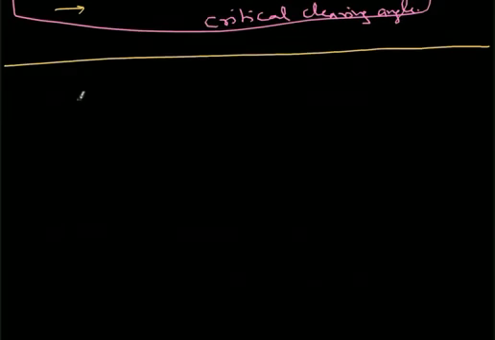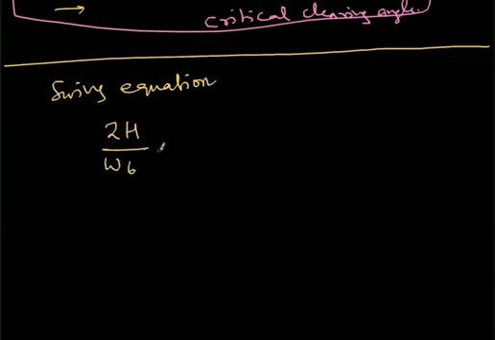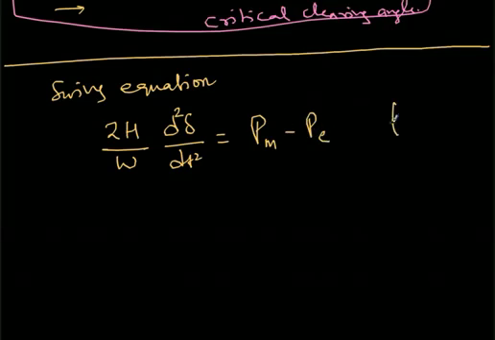The swing equation is something like this: 2H by omega b, d square delta by dt square equals PM minus PE. But during the fault PE is absent, so I'll take PE as 0 and just remove that.